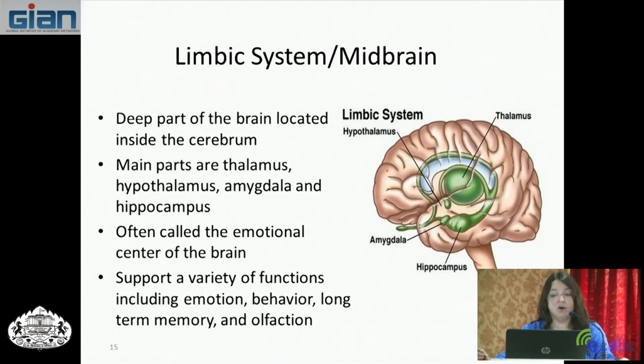And this limbic system is known to support the emotional processing in the brain. It also contains other functions like behavior, helps with long-term memory in the hippocampus, and olfaction, which is the smelling center of the brain, which comes from the frontal lobe at the bottom and goes into the limbic system.